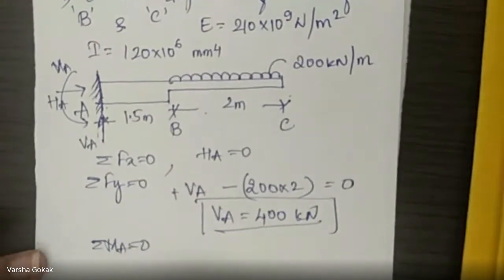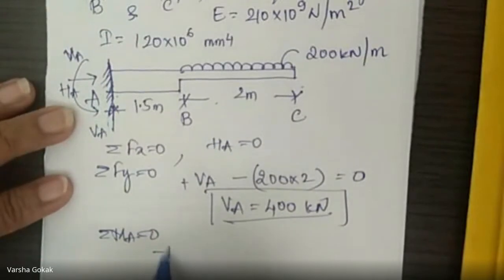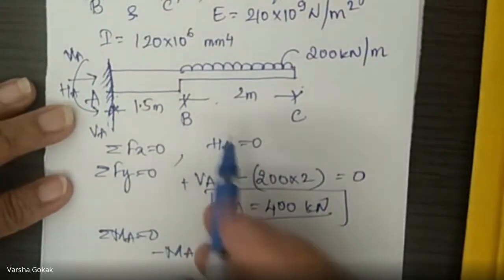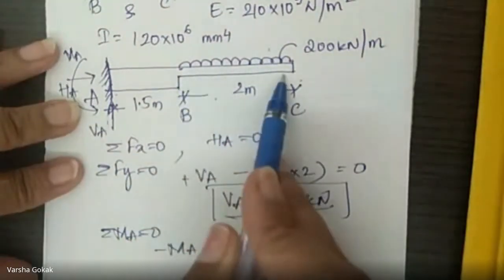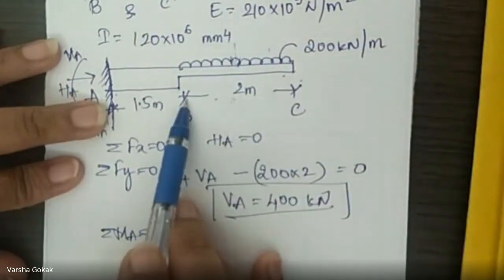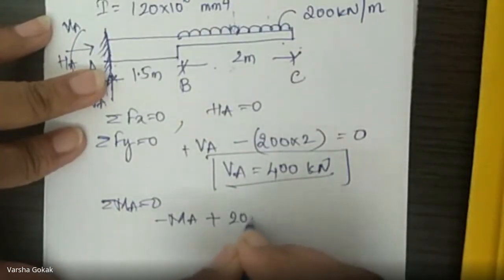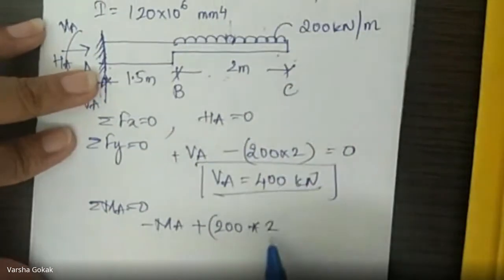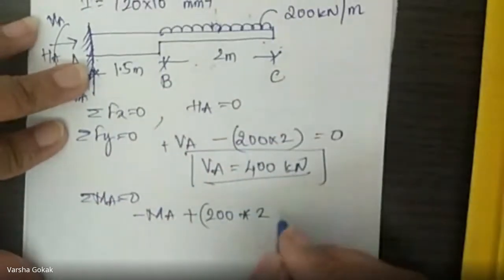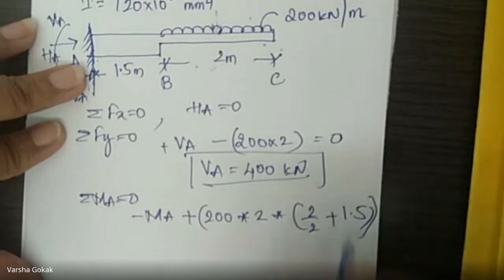And if you want to find MA, summation MA equal to 0, or moment at A equal to 0, then how do you calculate? This is minus MA, which is the reaction. And here 200 into 2, that is at the center, and this distance is 2 by 2 plus 1.5. So it is plus 200 into 2, the point load, into the distance, which would be 2 by 2 plus 1.5.